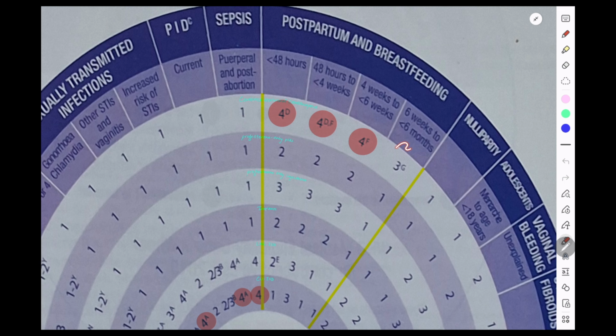Next example: if someone asks you what contraceptive is contraindicated in a lactating female, you have to go for combined hormonal pills, because estrogen will be there and that interferes with the production of milk. This is how you can tell about the contraceptives, category 1, 2, 3 and 4.